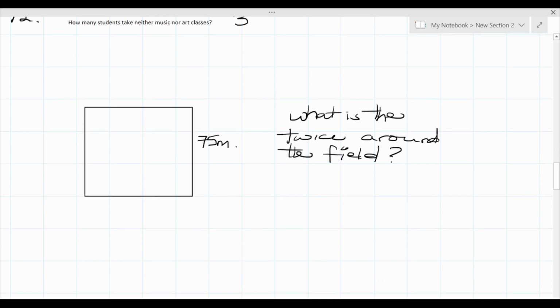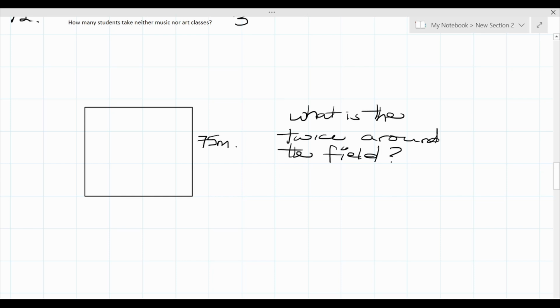Number 14 says, the length of a square field is 75 meters. Tremaine walked around the field twice. What is the distance that he walked? 150 meters, 300 meters, 600 meters, or 75 meters?